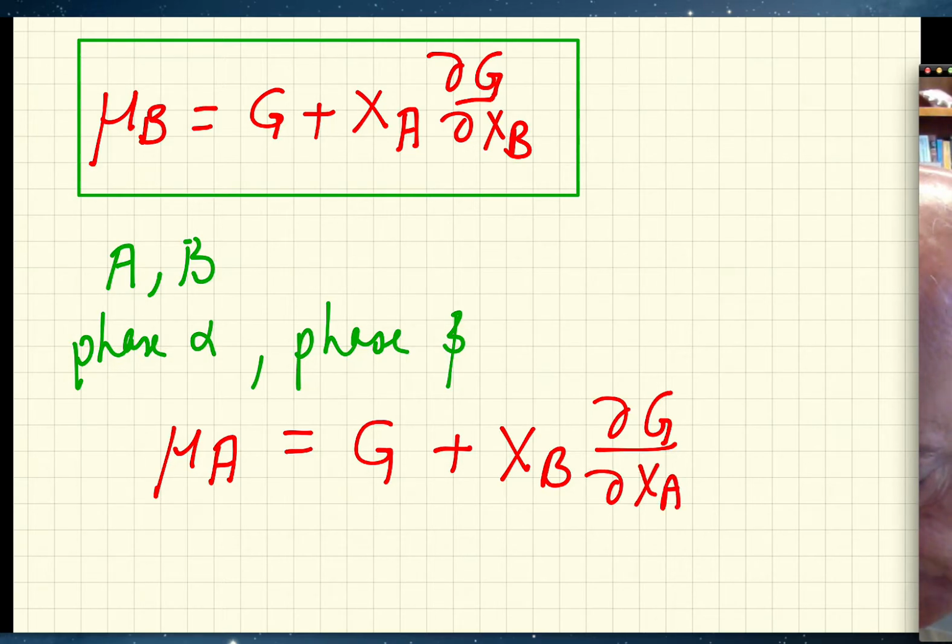Generally, we would like to concentrate everything in terms of one concentration.